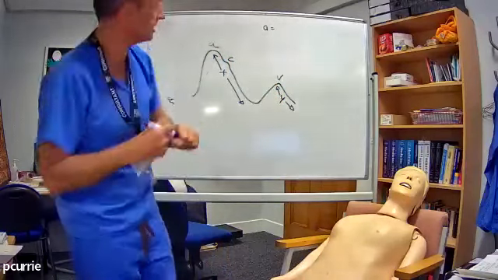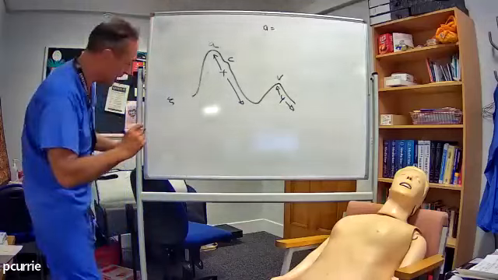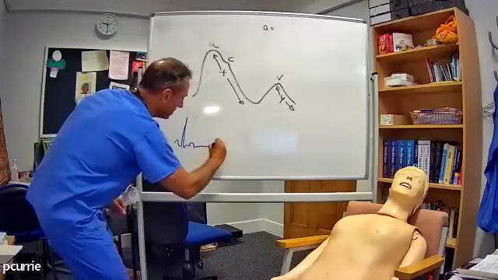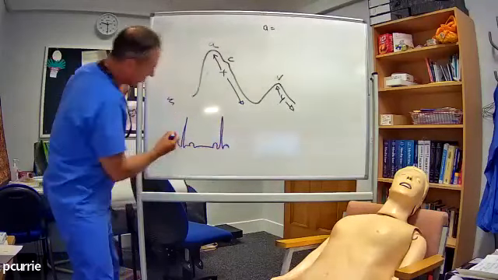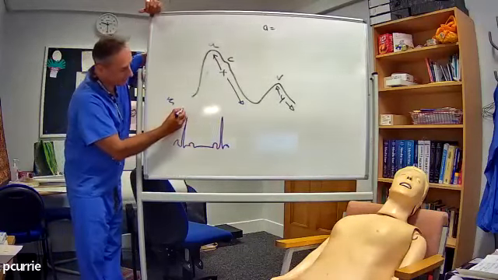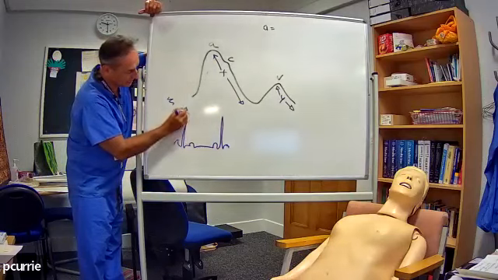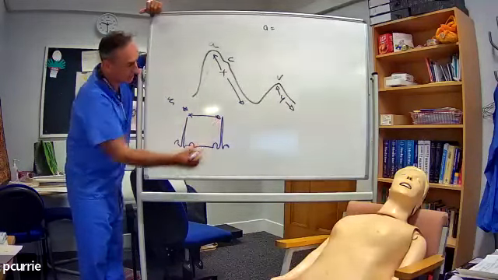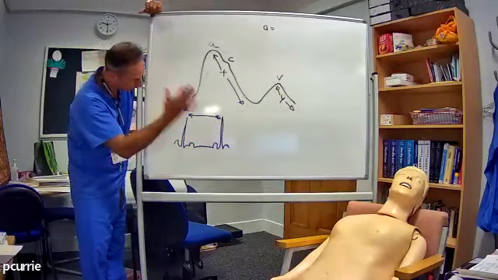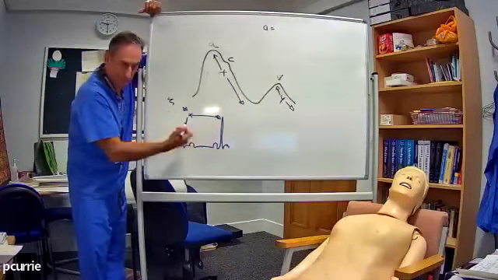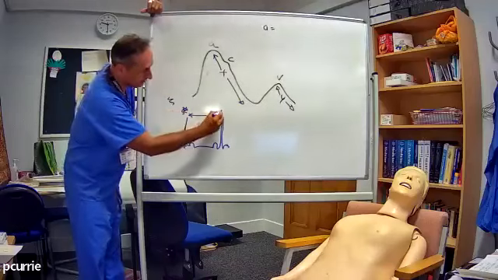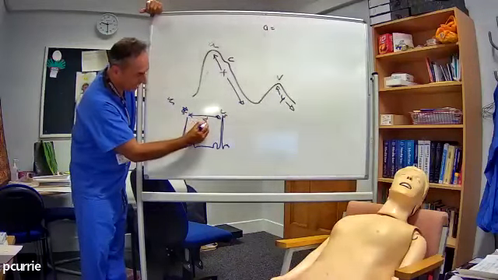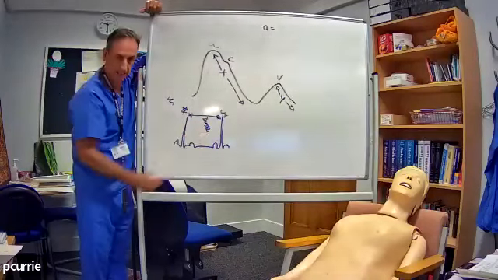And if you look at your ECG, have you all done ECGs, yeah? Yes. If you look at your ECG, you know that the spike in the ECG is the onset of ventricular systole. So we know that the spike is ventricular systole, and the gap in between the spikes is ventricular diastole. Does that make sense?